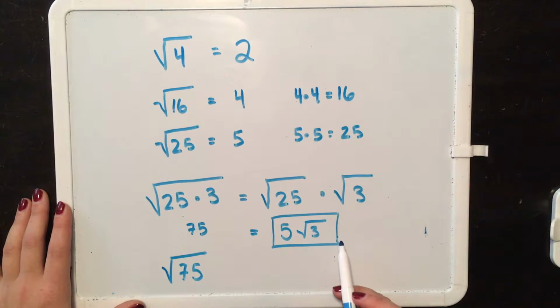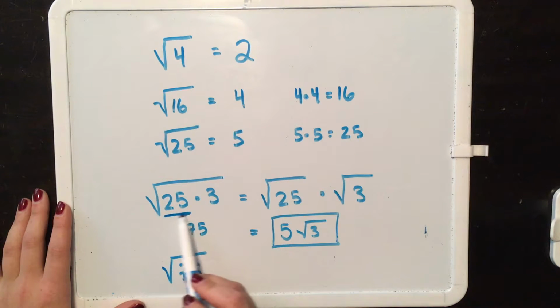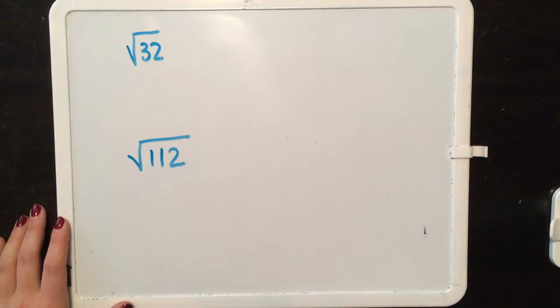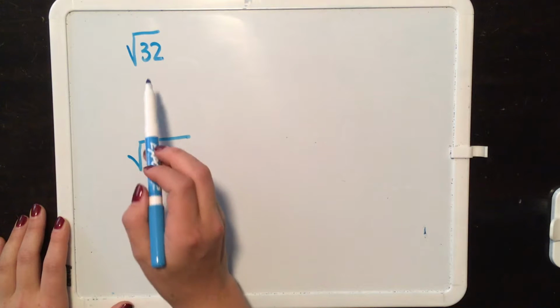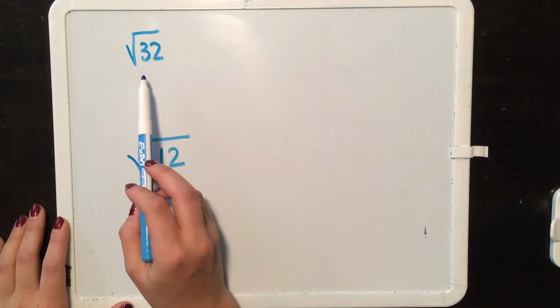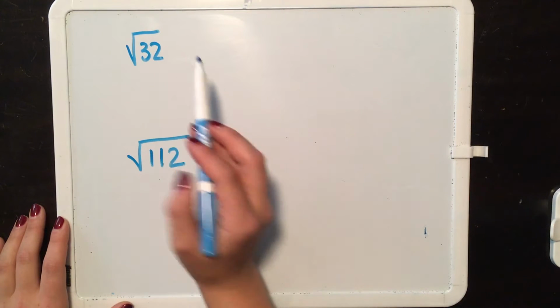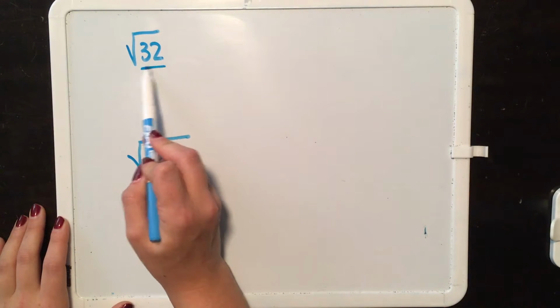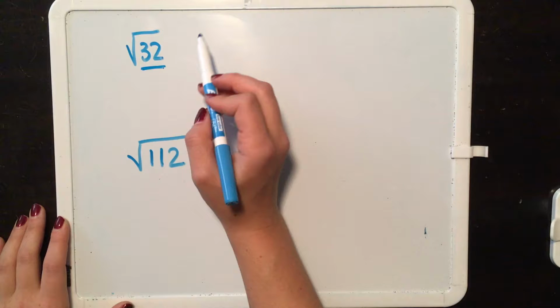Now, you can use this method to calculate any square root by just isolating a perfect square within this number. We're going to use that same method to find the square root of 32 and the square root of 112. If we start with the square root of 32, 32 itself is not a perfect square.